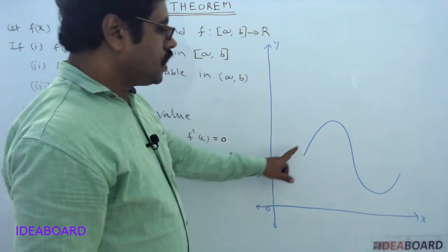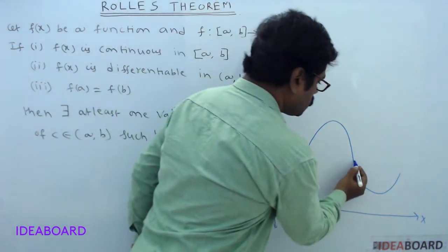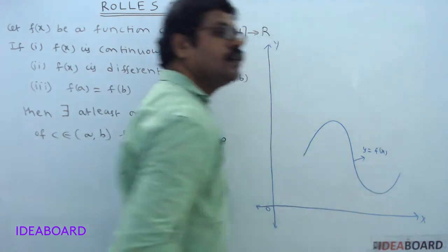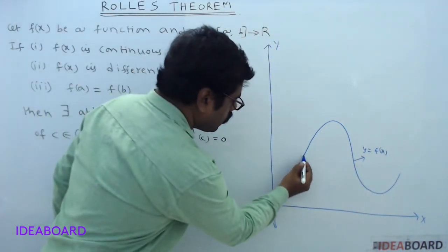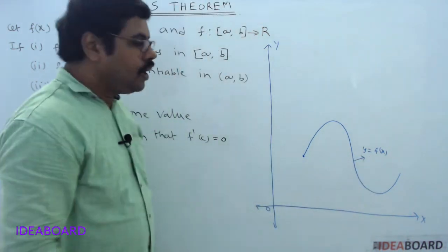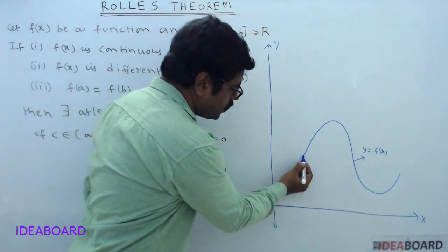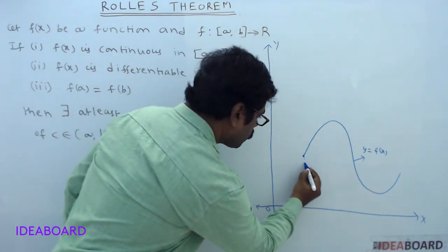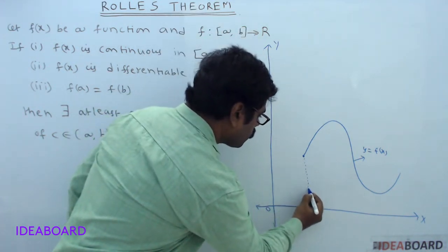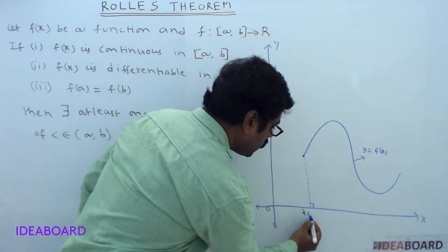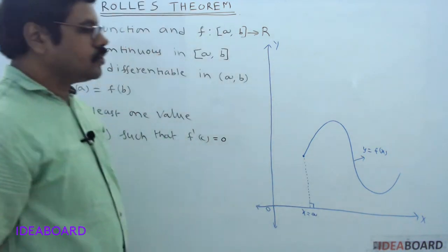Suppose this is the graph of the function y equals f of x. Now this is a point on the curve y equals f of x. Draw a perpendicular from this point onto the x-axis. Denote this point with a, that is x equals a.